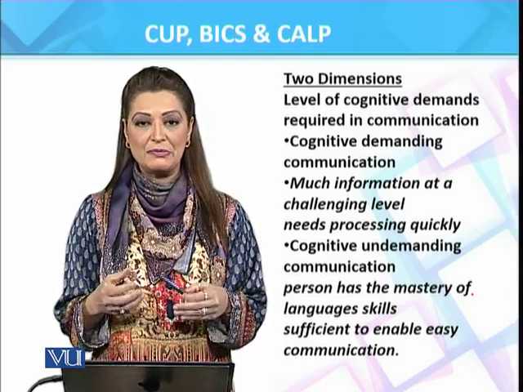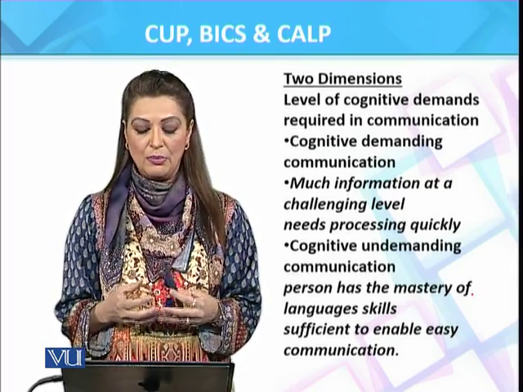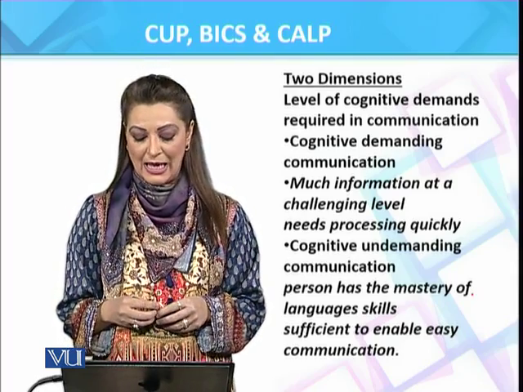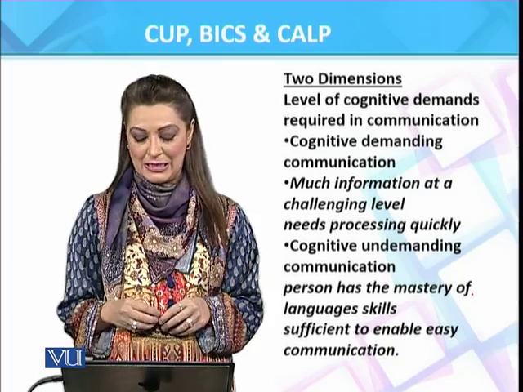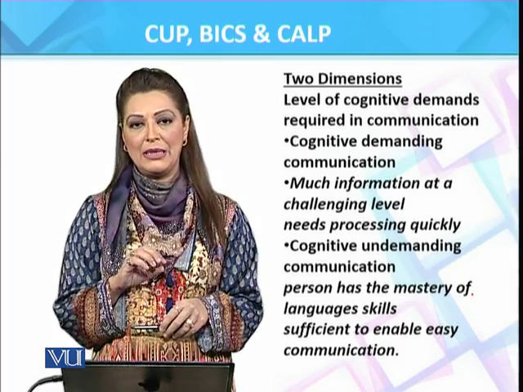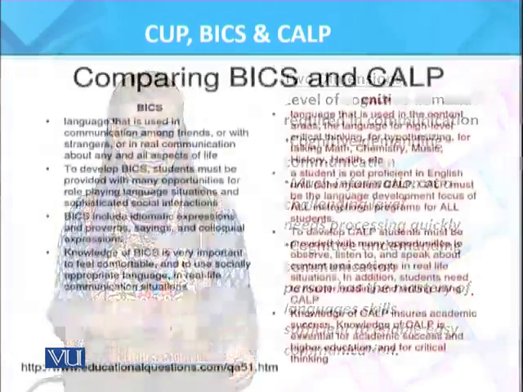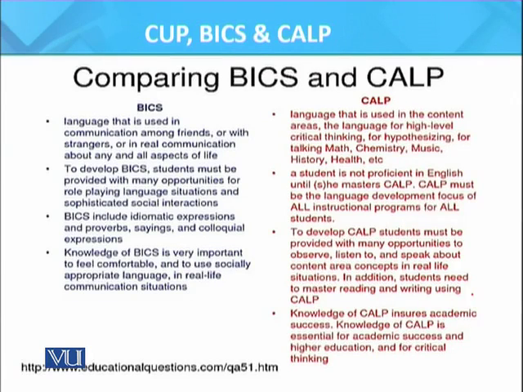So cognitively demanding communication takes into account more challenging tasks, and cognitively undemanding communication relies on simple, easy to understand communication. Now let's compare these two models and see what the commonalities, similarities, or differences are. Let's first see what BICS has.